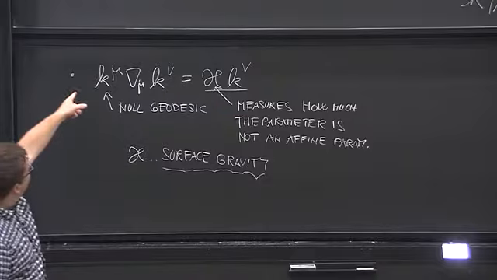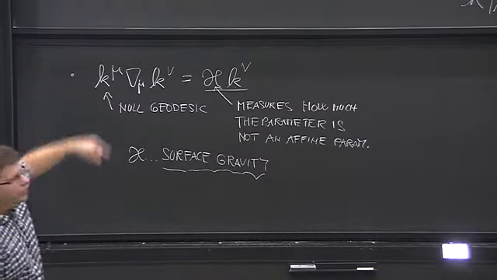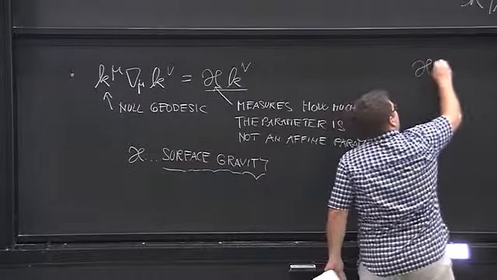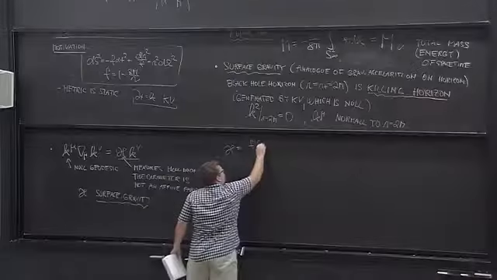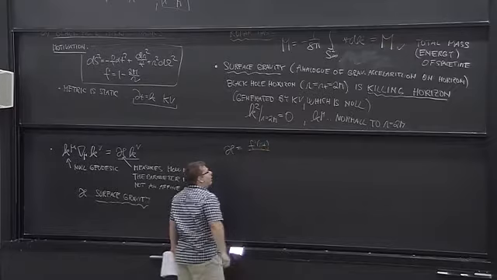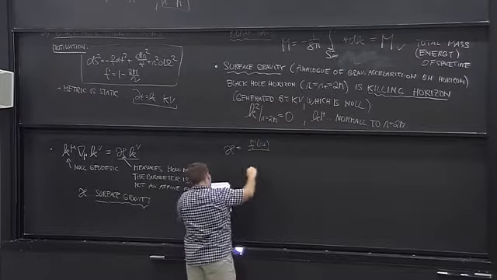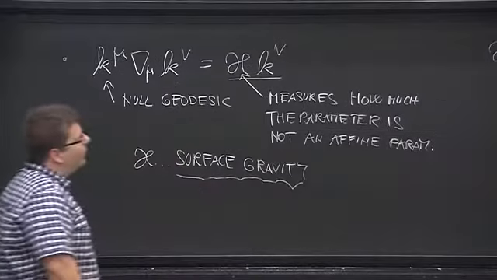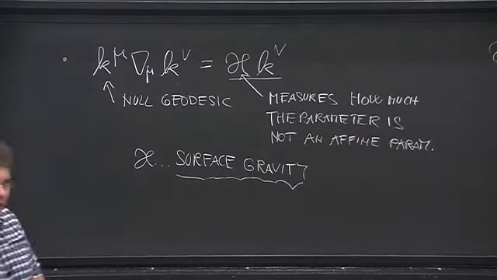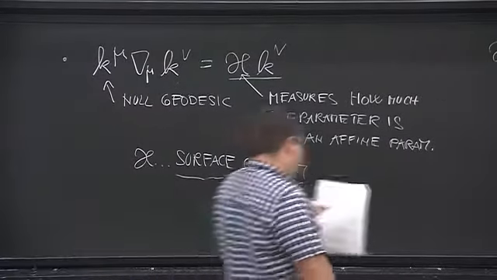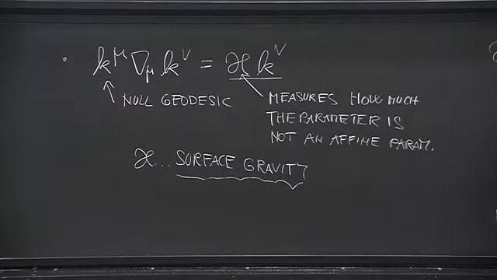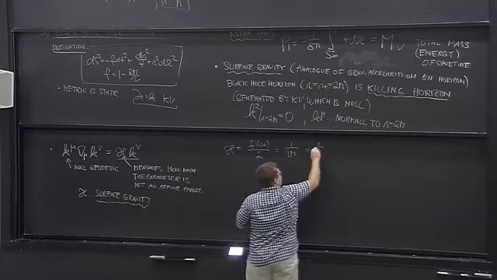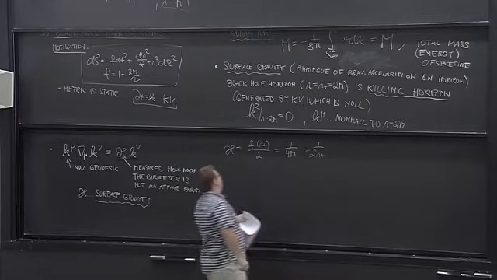And for the metric of the form minus f dt squared plus dr squared over f, the statement is that this kappa is simply given by f prime evaluated on the horizon divided by 2. So df/dr evaluated at r equal to r_+, and this is given by 1 over 4m, or 1 over 2r_+.